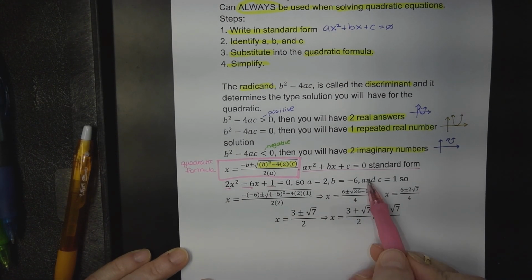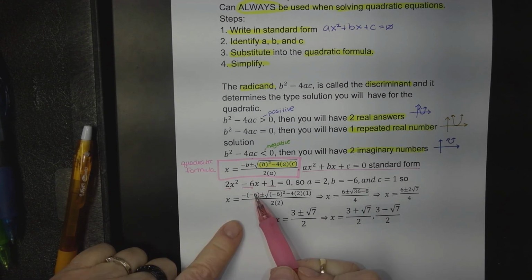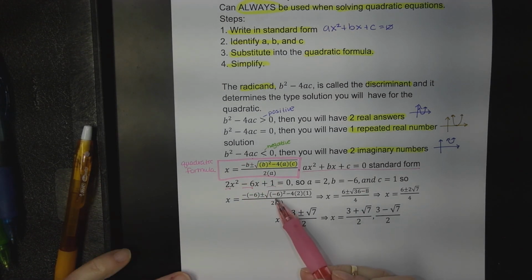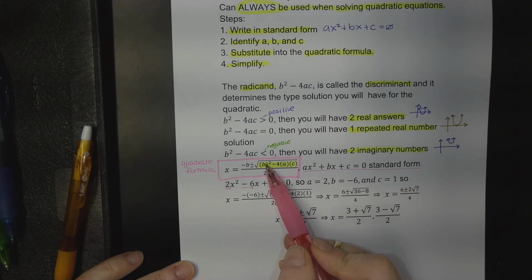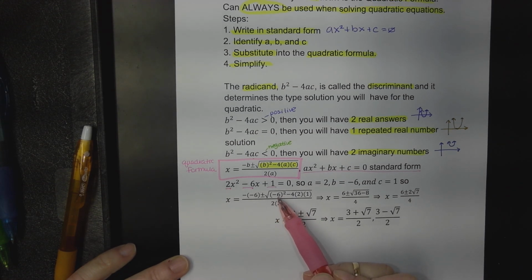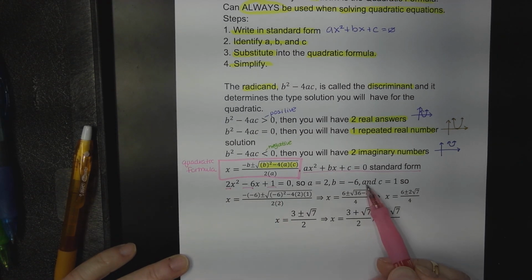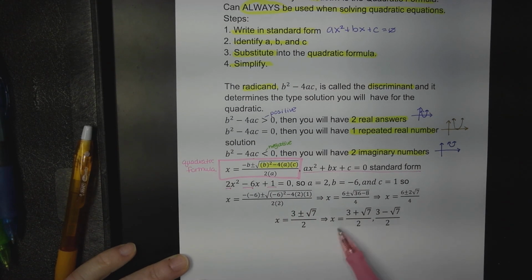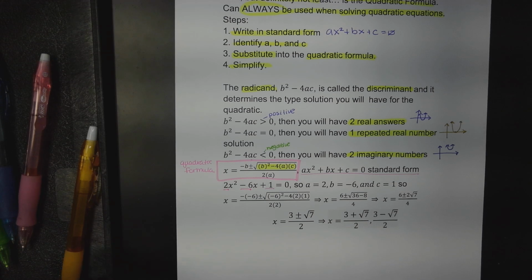Then we would just simply take these and plug it in, where our negative b would be in place of this b. And then it would be also in place of this b. And always put this in parentheses so that the negative is also squared, because that will definitely matter in your answer. And then your c, well, it's 1, so it would go here. And then we just keep working until we get our solution. Okay.